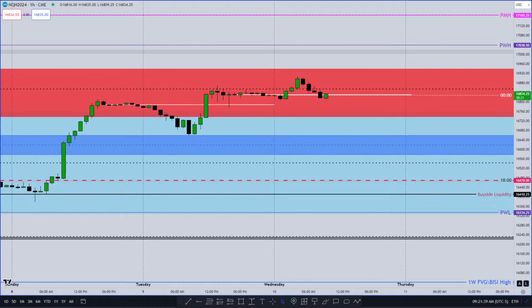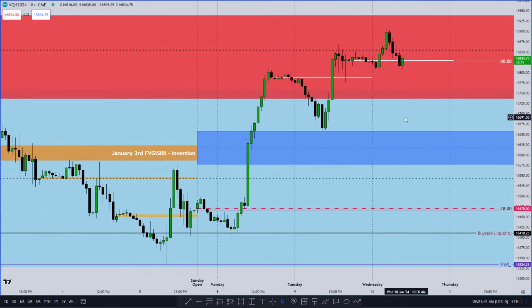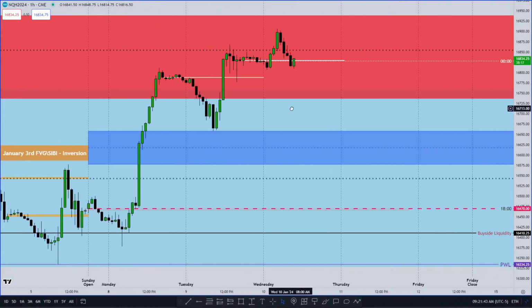Here's the 60-minute. Monday, Tuesday, Wednesday, Friday. Friday's close. Those equal highs that were left on S&P, if you take a look at NASDAQ, it went three drives higher basically. So 1, 2, 3.